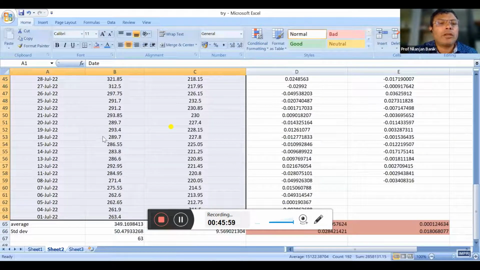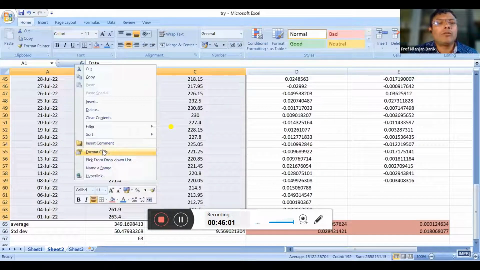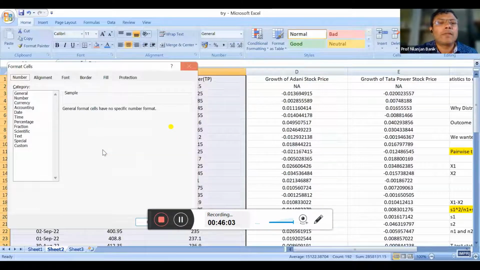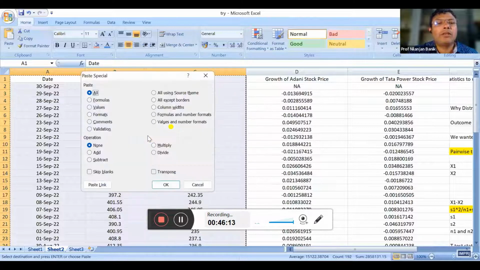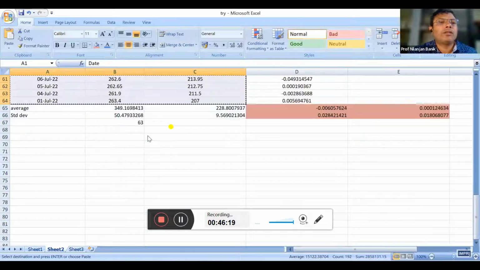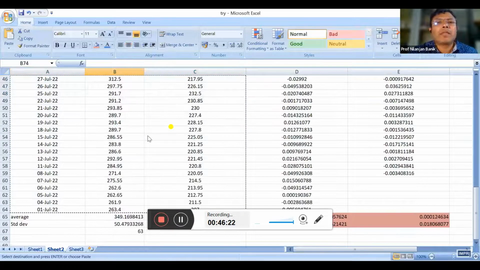You can copy, then go to paste special, and transpose this data, and then start from this point. So it's pretty simple in that way.